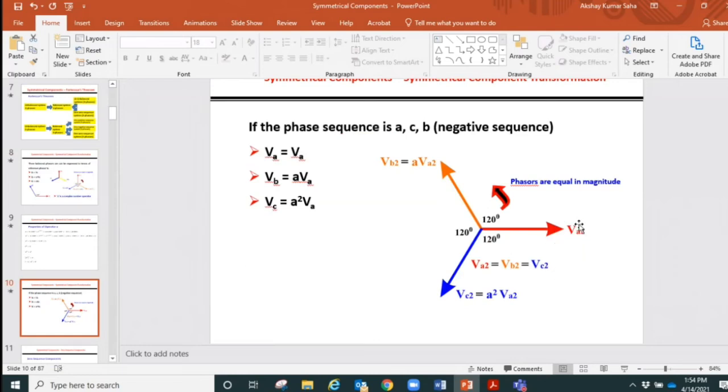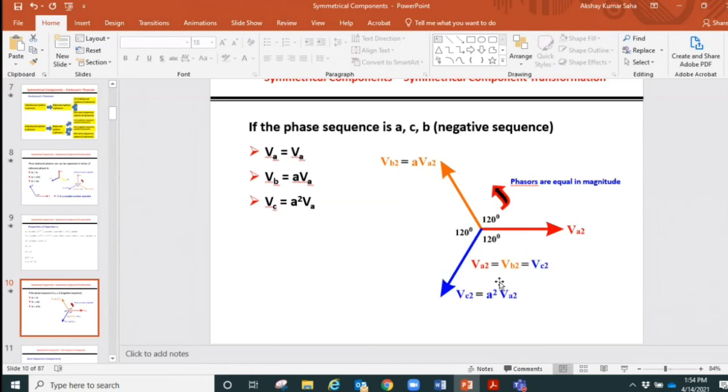So VA2 is there, after A it will be C, so it will be VC2, and after C it will be VB2. They are separated by 120 degrees, and the magnitudes are the same for VA2, VB2, and VC2.